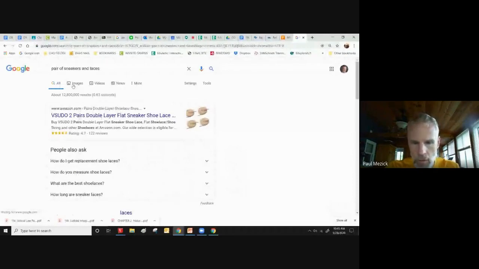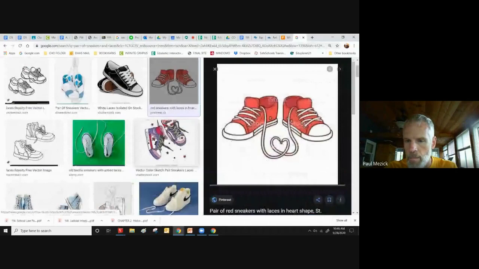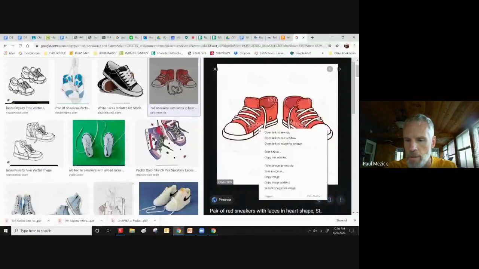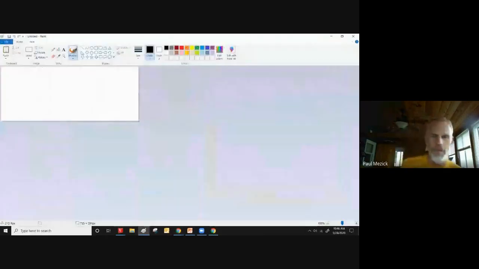Okay, so this will work. I don't think I'll be able to do much with the image. Let's copy image, and control V. Oh, perfect. Look at that. Super duper.